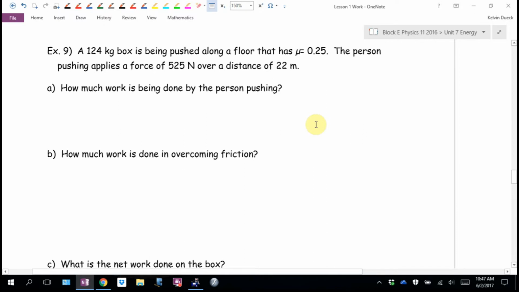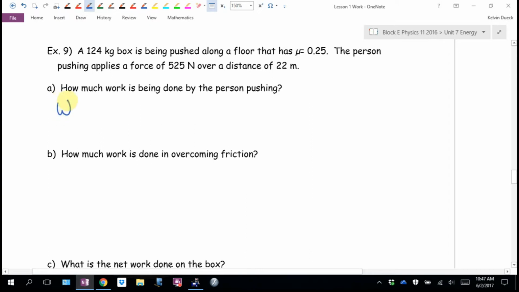Let's try and put everything together here. It says this: a box is being pushed along a floor that has a coefficient of friction, mu, of 0.25. The person pushing applies a force of 525 newtons over a distance of 22 meters. Connor L., what's A asking me to find?